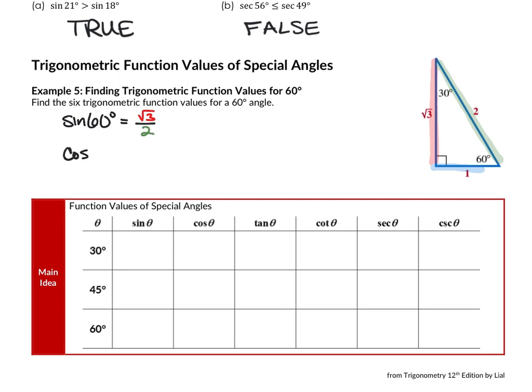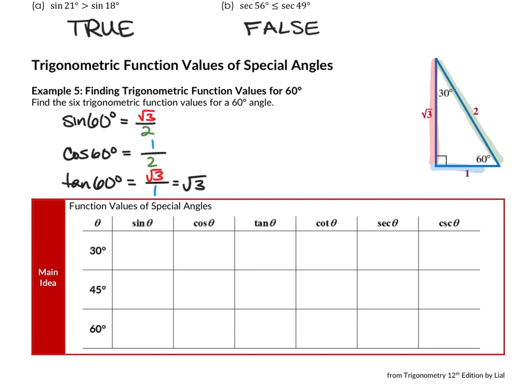The cosine of 60 degrees, which is the adjacent over the hypotenuse, is going to be 1 over 2, 1/2. And the tangent of 60 degrees is the opposite over the adjacent, which is square root 3 over 1. Or more simply, just square root 3.